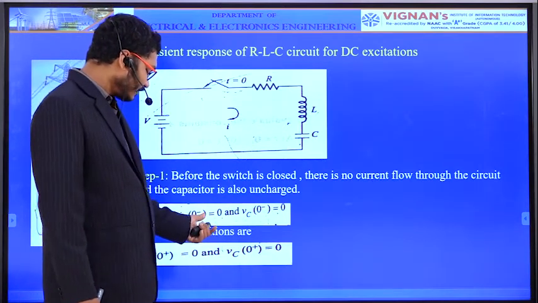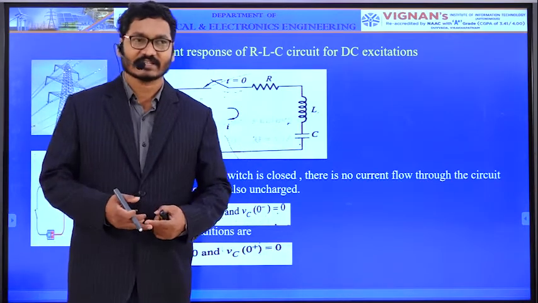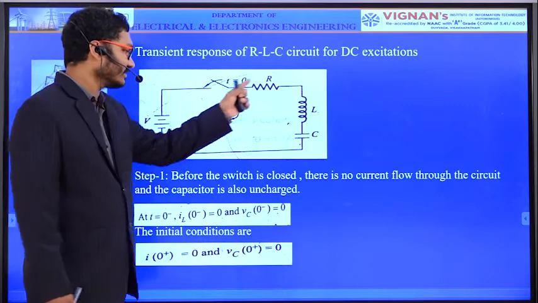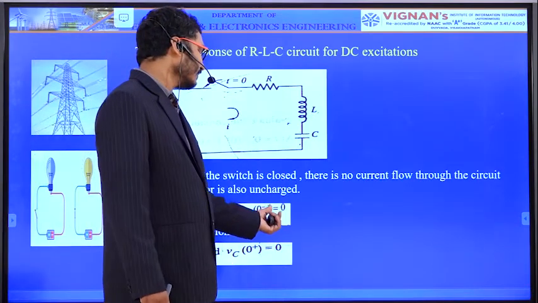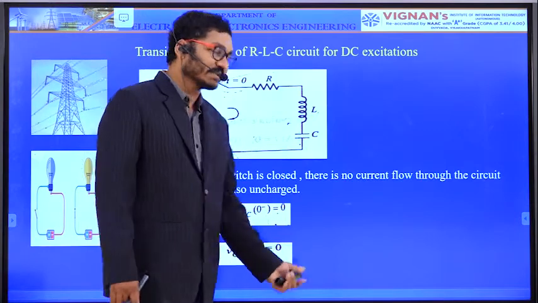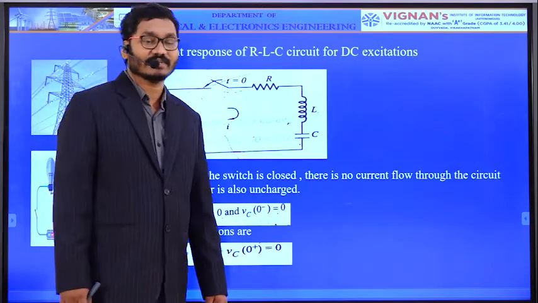That's why iL of 0 minus equals iL of 0 plus, which is 0. The inductor current and circuit current are the same because it is a series circuit, and the capacitor voltage at 0 plus is the same as the previous voltage, 0.